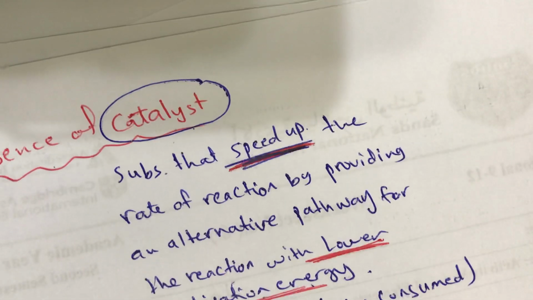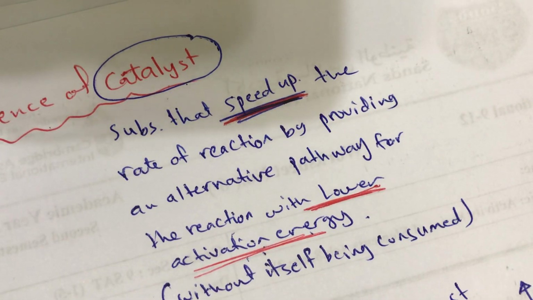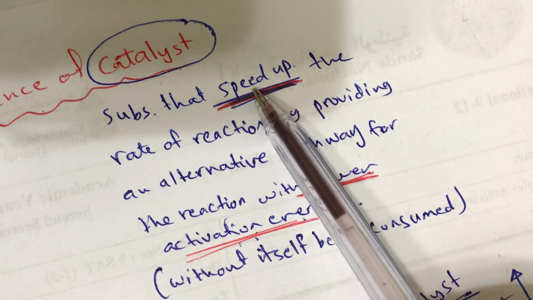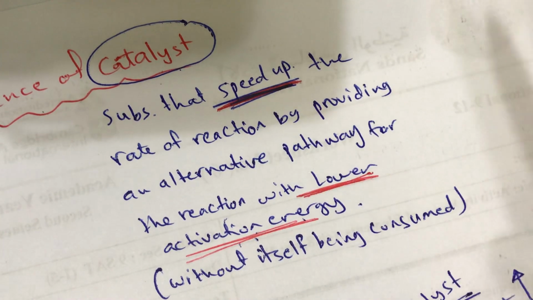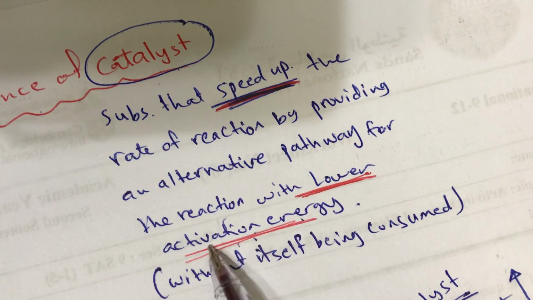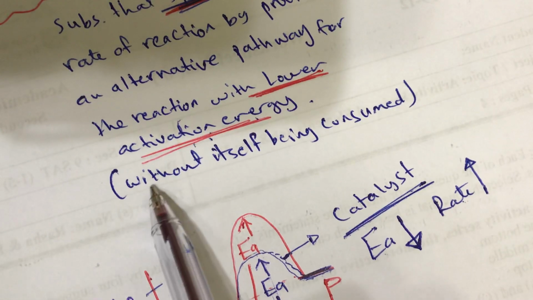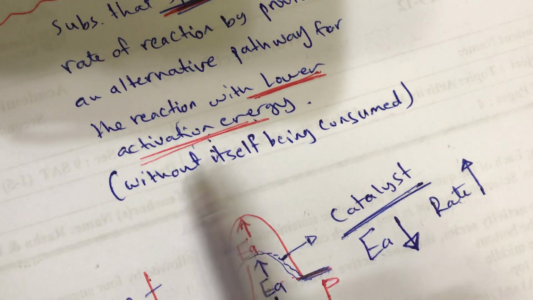And the last one, presence of a catalyst. A catalyst is a substance that speeds up the reaction by lowering the activation energy, without itself being consumed.